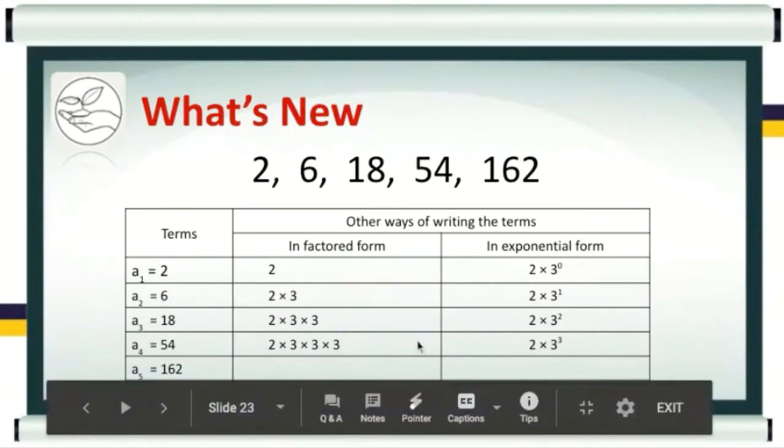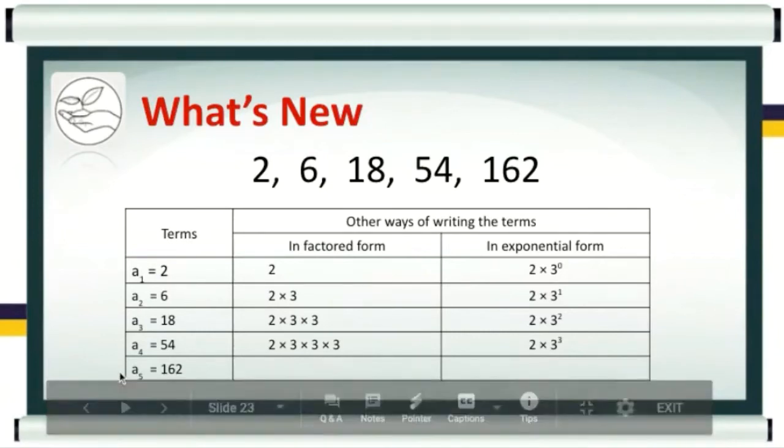-1. It means the exponent that you get in your exponential form is less than the number in its position. So as you move to the next term, its exponent will be less than its position.